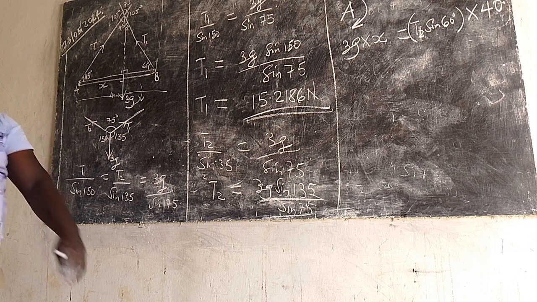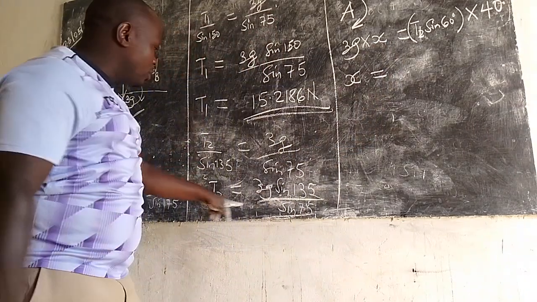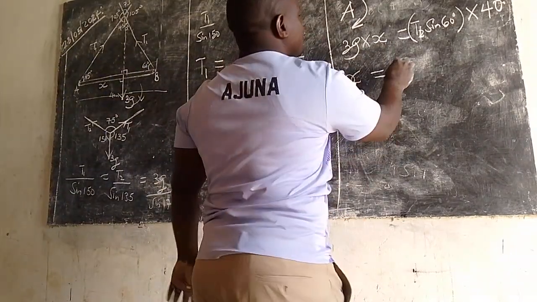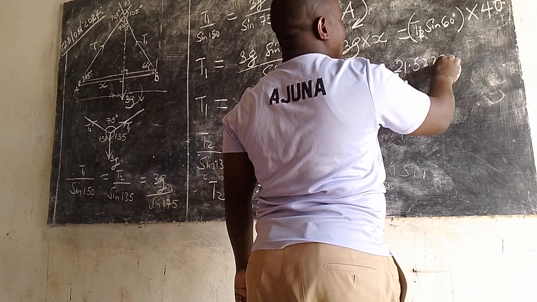Now, can we get x? x is T2. T2 was 21.522, using calculators.